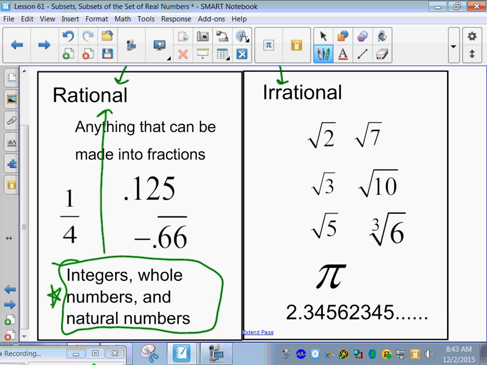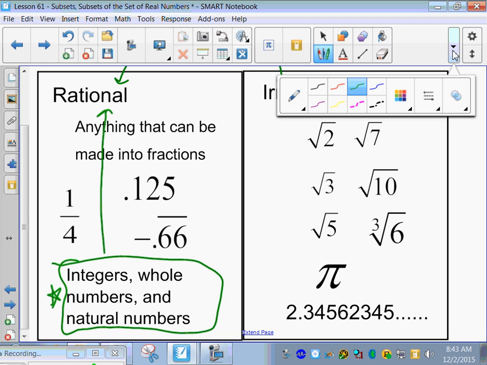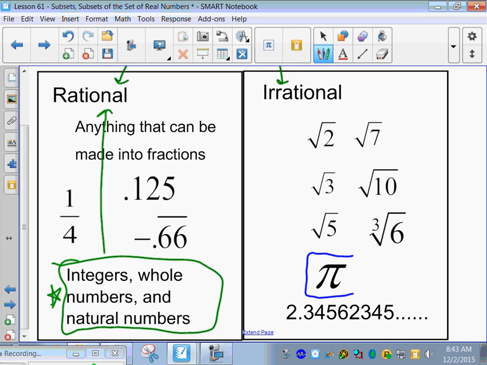And then we have the weird numbers. Those are irrational. So irrational numbers, the ones that you guys are familiar with so far are numbers like pi. So irrational, you might want to make a note of this, cannot be made a fraction. So pi, can pi ever be a fraction?